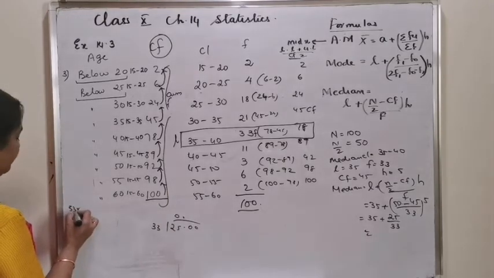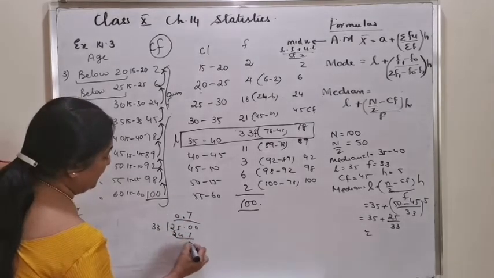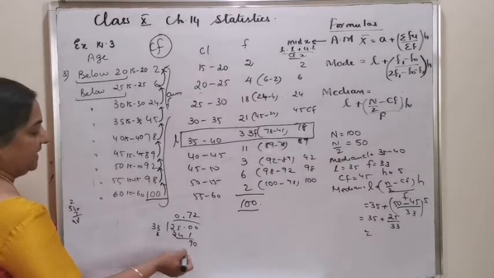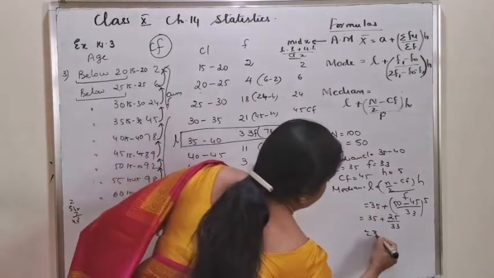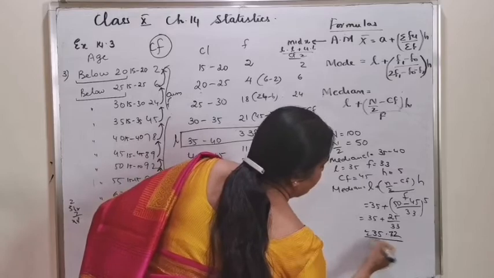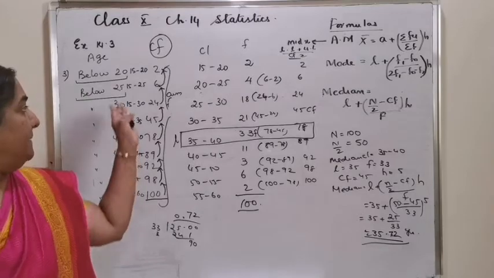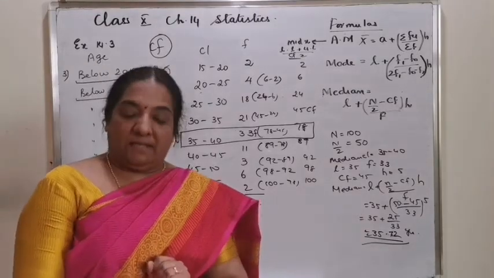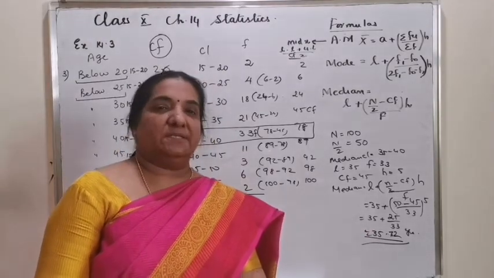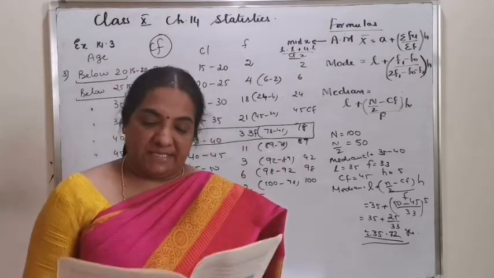It is about 0.72. That means 35.72 years. That means the median age of this policy, based on the age group, is 35.72 years.